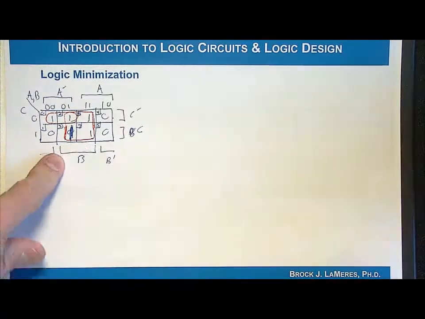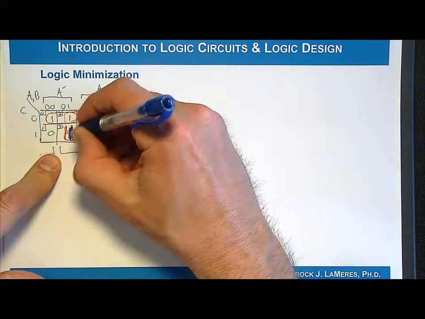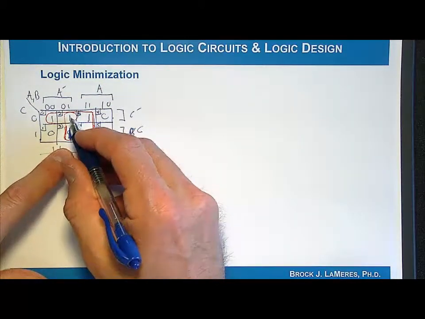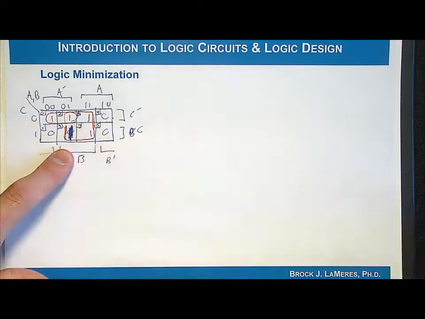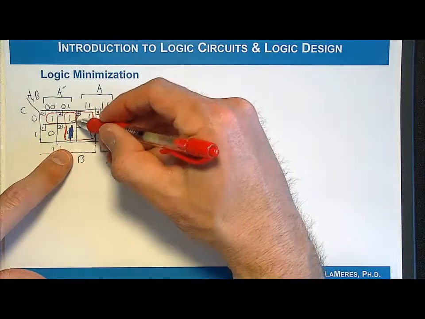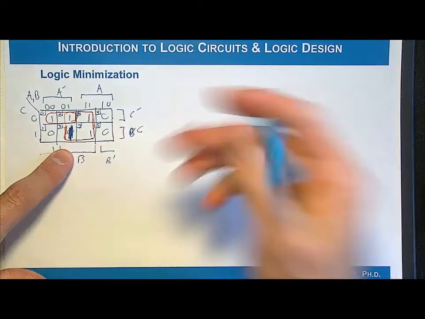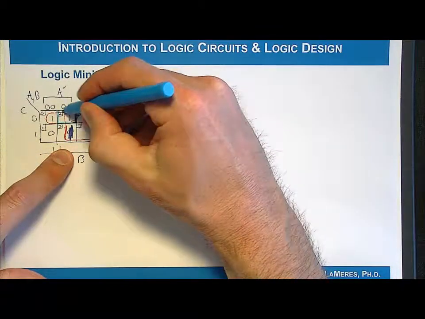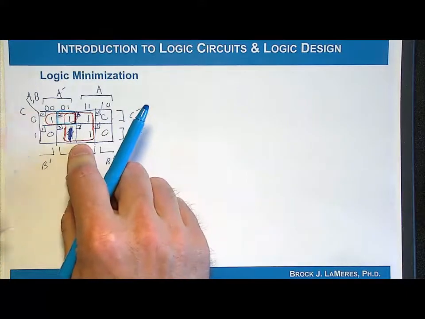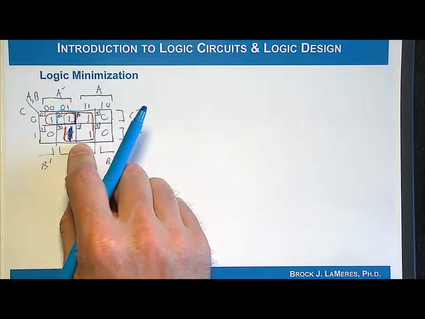This illustrated something important, and that's why I wanted a 1 right here. I wanted to show that you can overlap 1s as long as these circles aren't within each other. Notice that this cell number 2 is covered by 2 circles, but it's okay because the circles did not fully encompass each other. So this is valid.